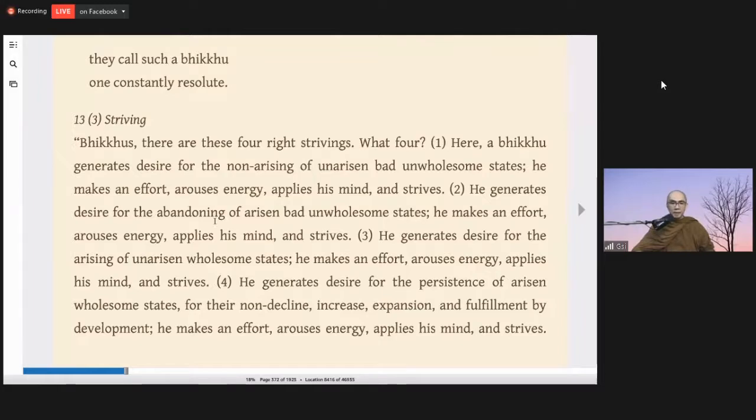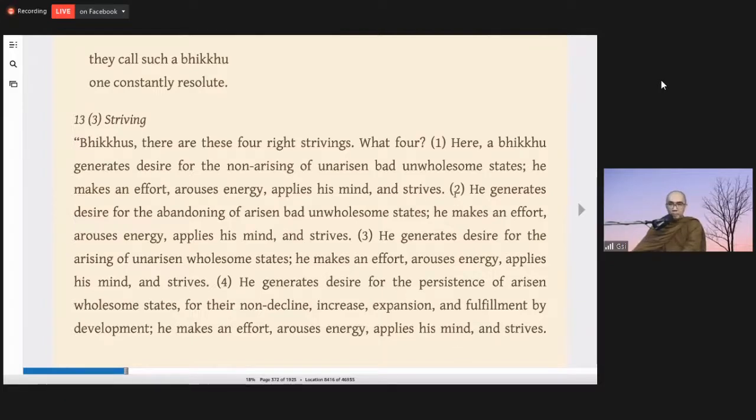He makes an effort, and so on. He generates desire for the arising of unarisen wholesome states. He makes effort. He generates desire for the persistence of arisen wholesome states, for their non-decline, for their increase, expansion, and fulfillment by development. He makes effort, arouses energy, and so on.